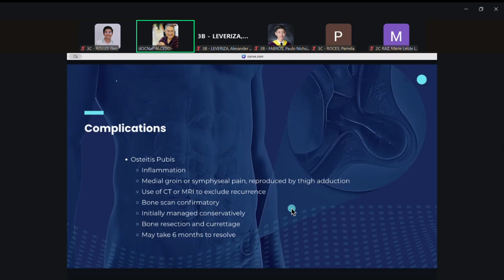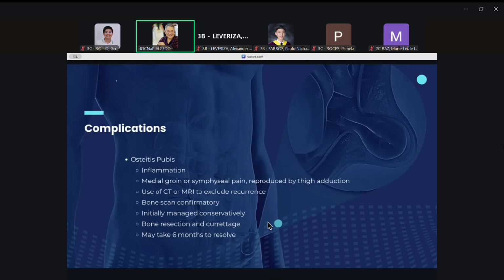So one is you want to make sure that this is not a recurrent hernia in the medial aspect of your repair. So imaging studies might be indicated. And then you can also request a bone scan because the bone scan will show you osteitis pubis. There will be inflammatory and sometimes lytic changes in the pubic bone.